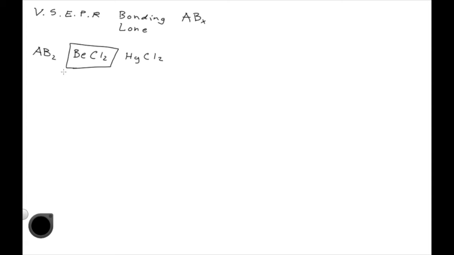For beryllium chloride, beryllium is in group 2, and so it'll have 2 valence electrons. And chlorine is in group 7, so chlorine will have 7 valence electrons surrounding it.